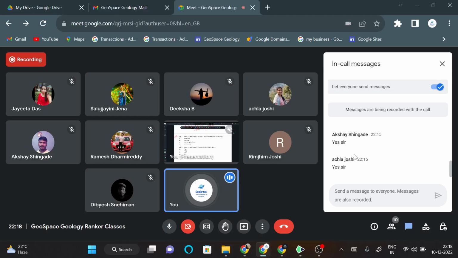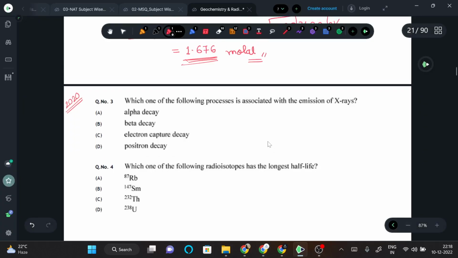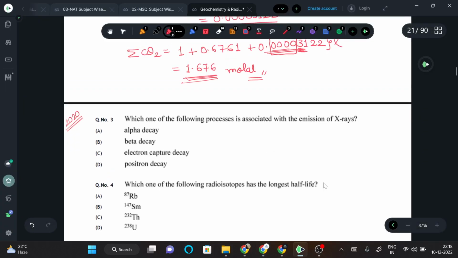What will be the answer here? No one knows this. What is alpha decay associated with? Let's get to it one by one.